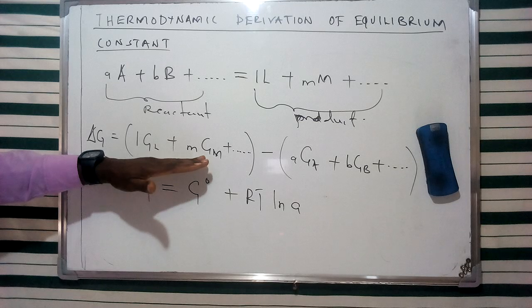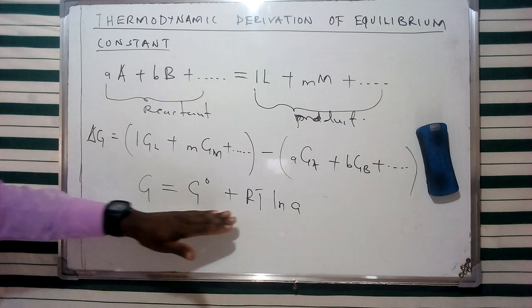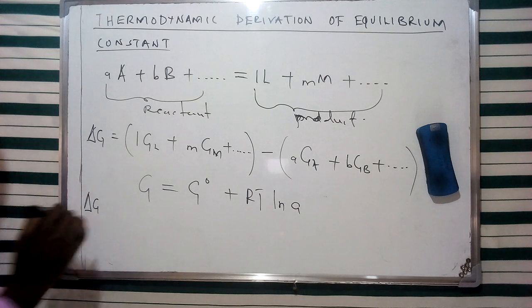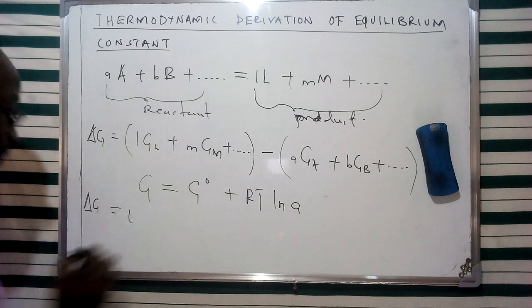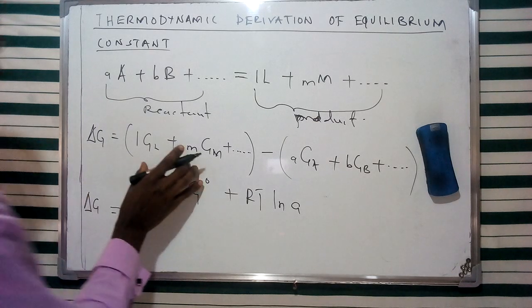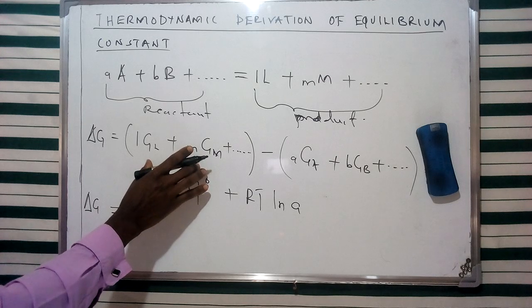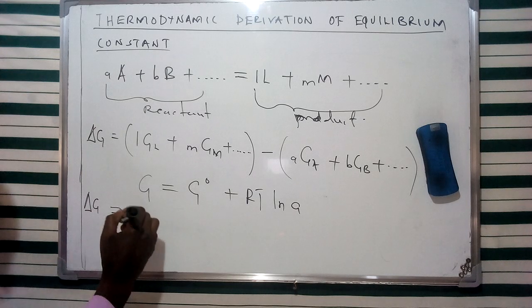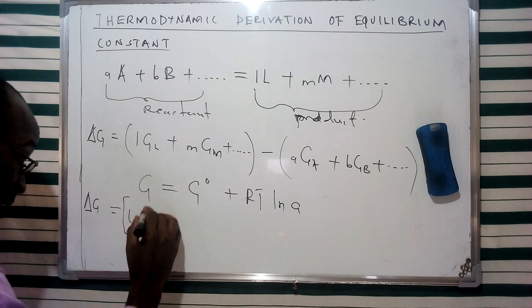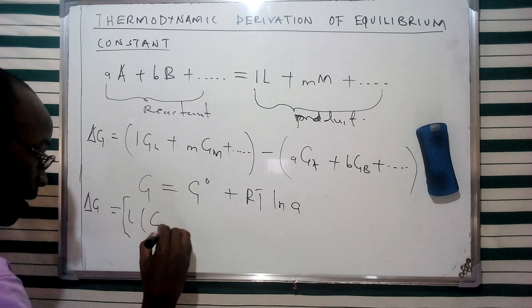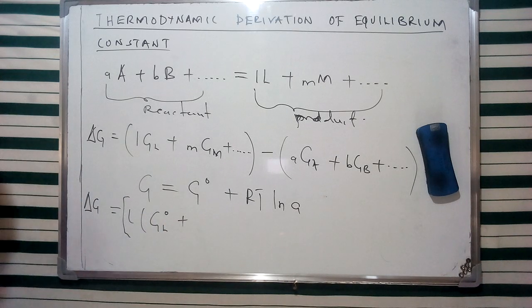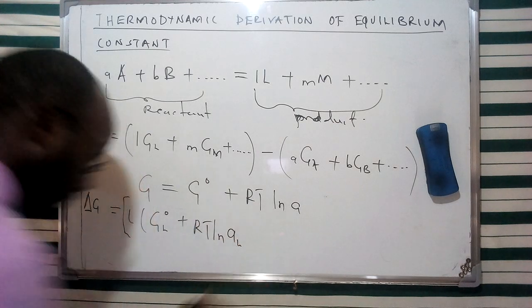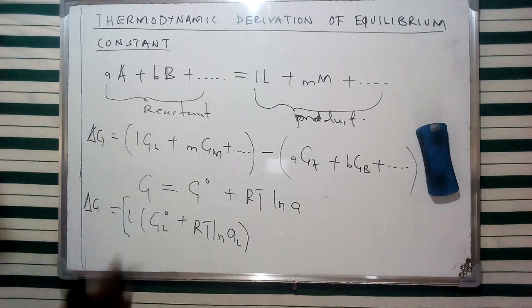We can give a version of this equation for delta G using this representation. This is going to be the delta G of the products minus the reactants, whereby each of these species is represented. We're going to have l times G standard of L, this is a standard state, plus RT natural log of a L, which is the first species.